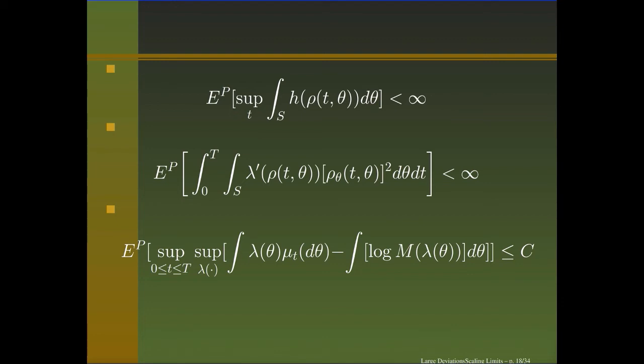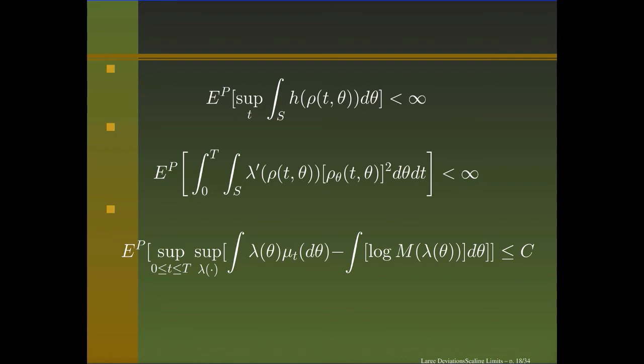And some kind of an energy function involving the derivative of rho with respect to theta should be uniformly bounded. So let's look at the first one. We'll tell you how to prove the first one, then the second one is somewhat similar.